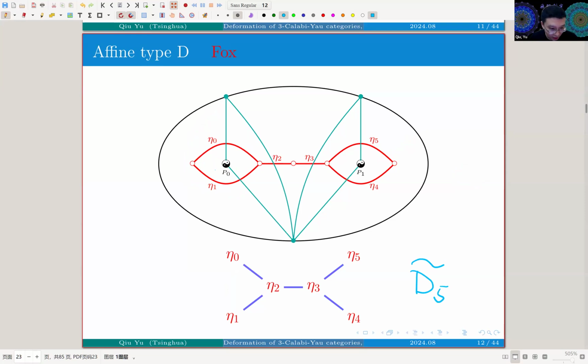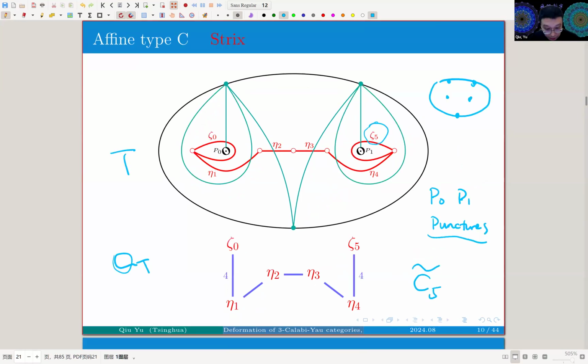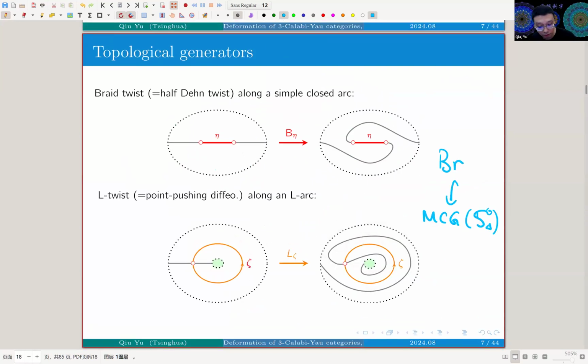That's the braid group we associate to the surface, so that we have a geometrical realization: each generator of the braid group corresponds to a braid twist, as mentioned previously, for each arc whose endpoints don't coincide.